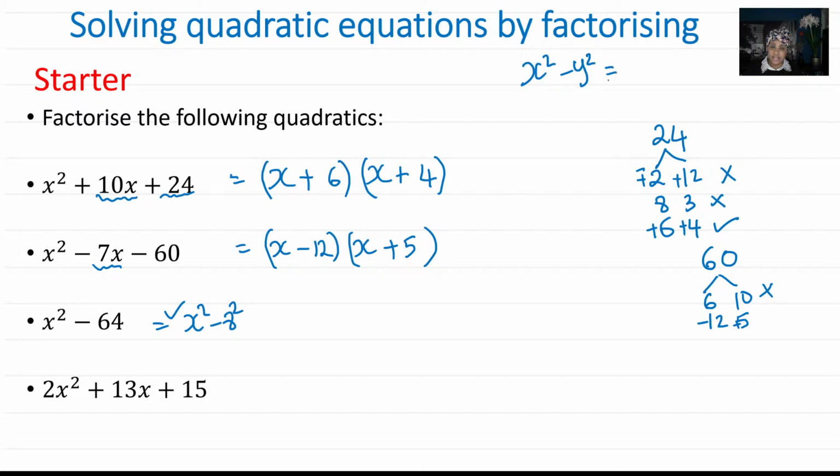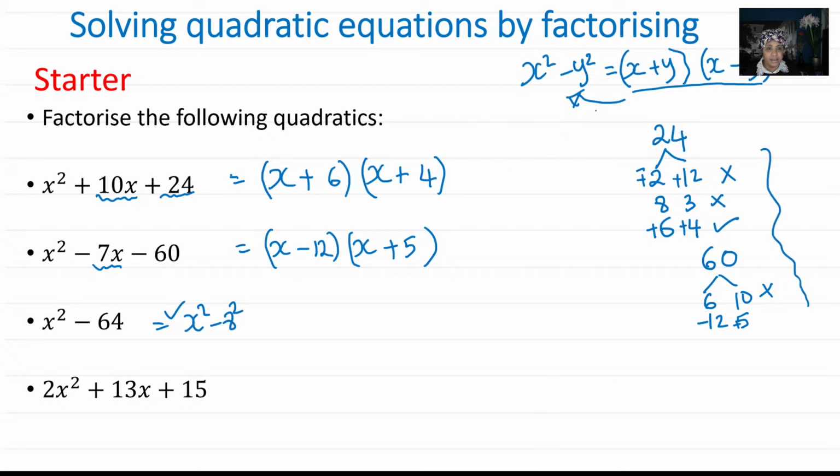The rule, I can explain it later maybe, is you have x plus y in one bracket and x minus y in the other bracket. If you try to expand it, you will get this. So in order to factorize, you really need to remember the rule, because you can't do this bit here.